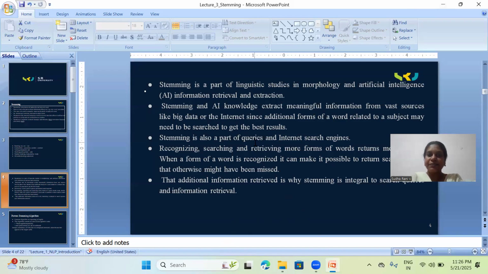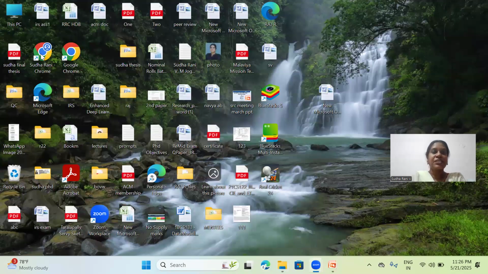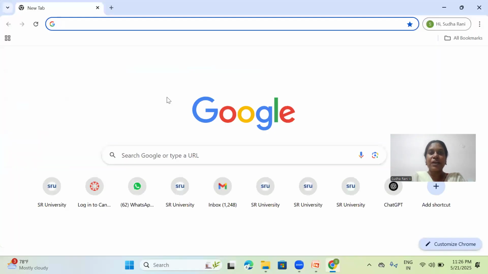As we discussed here, stemming and AI knowledge extract meaningful information from vast sources like big data or the internet. So why do we have to convert the stem word to its root word?